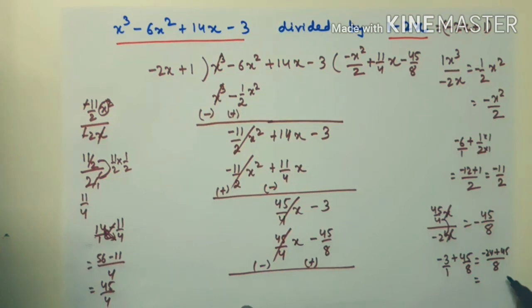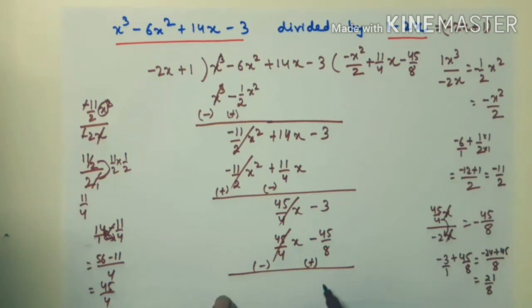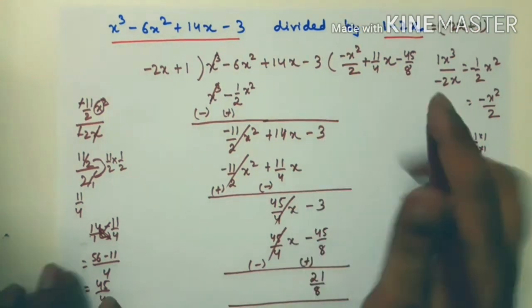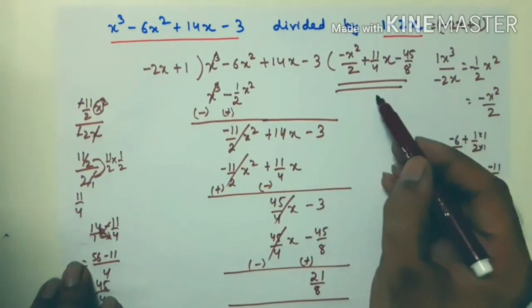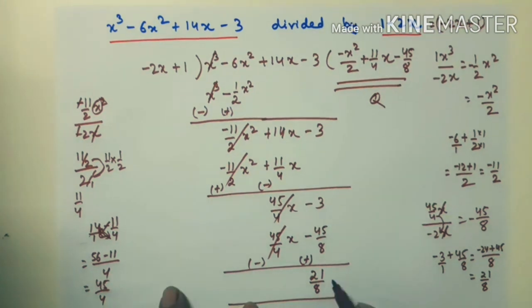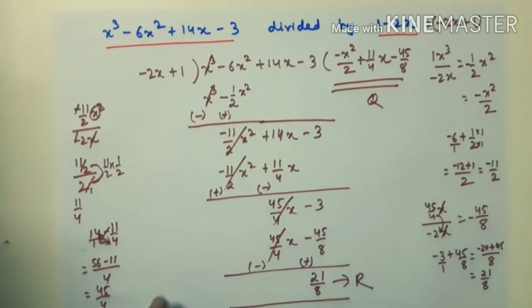Just subtract it, so we get 21 by 8. So here the remainder is 21 by 8. So the quotient is minus x squared by 2 plus 11x by 4 minus 45 by 8, and the remainder is 21 by 8.